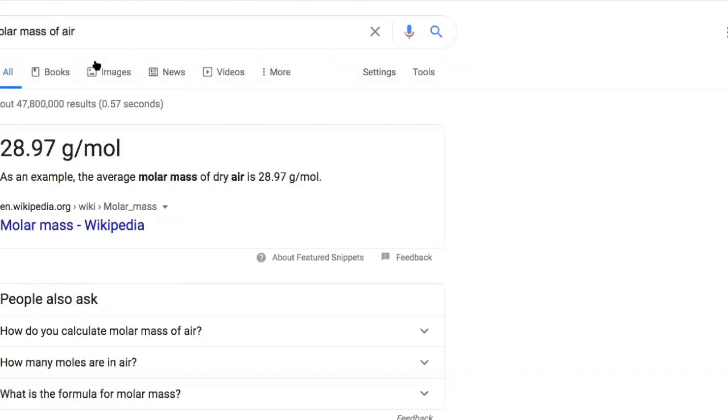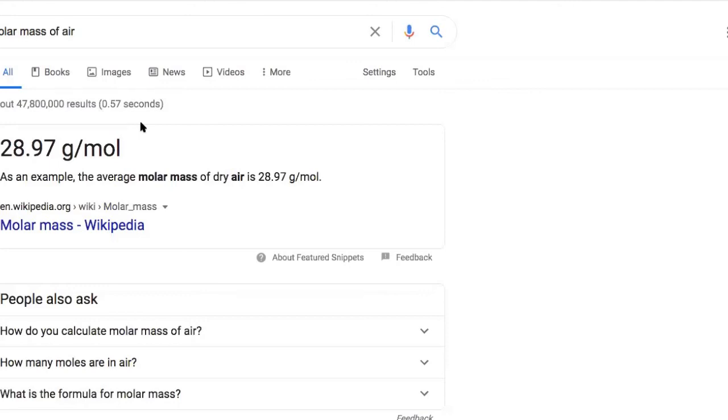So air weighs, well, I shouldn't say weighs, but has a mass of 28.97 grams per mole. Because it's mainly what? Nitrogen, right? Nitrogen is N2. Yeah, nitrogen dominates our air. Nitrogen has a mass of 14 grams per mole, and N2 is 28 grams per mole.